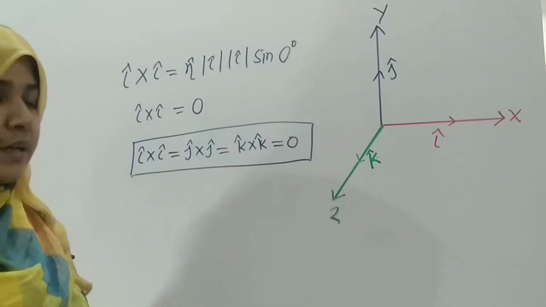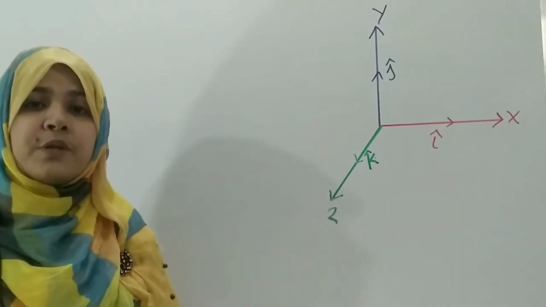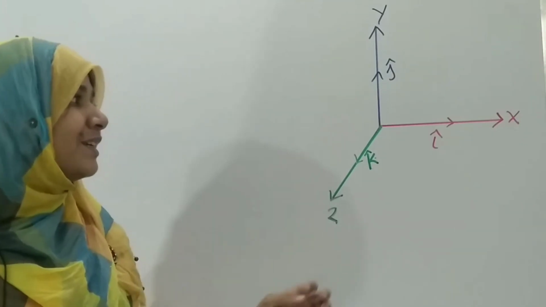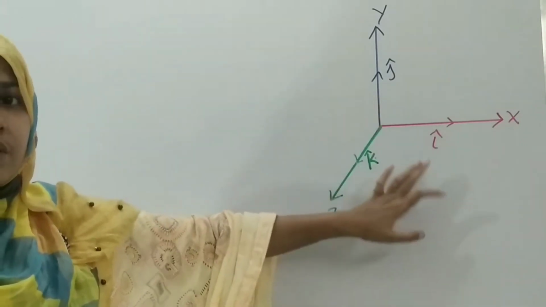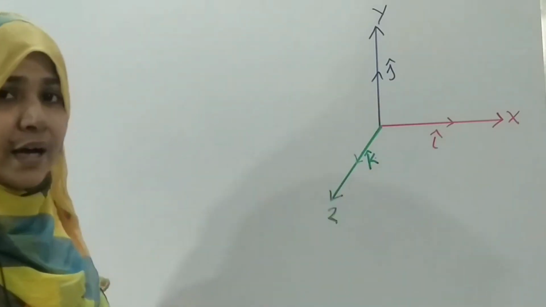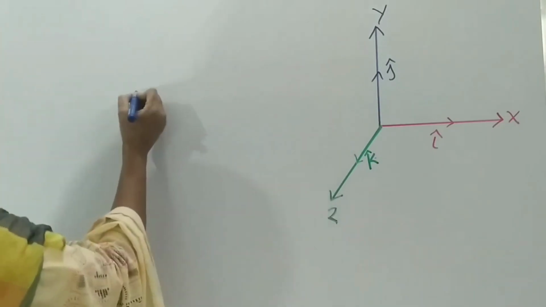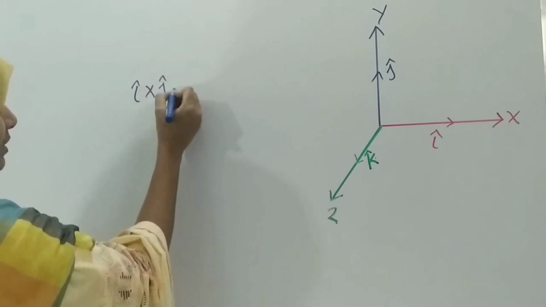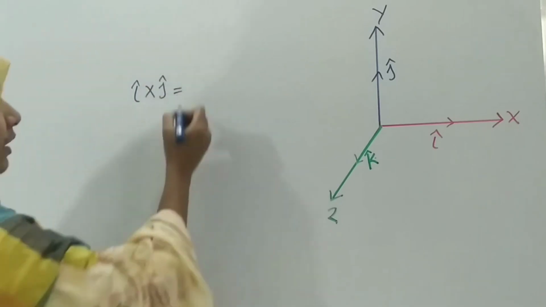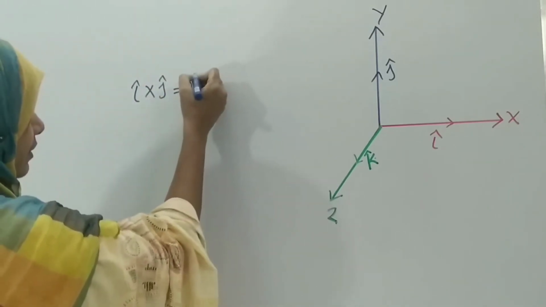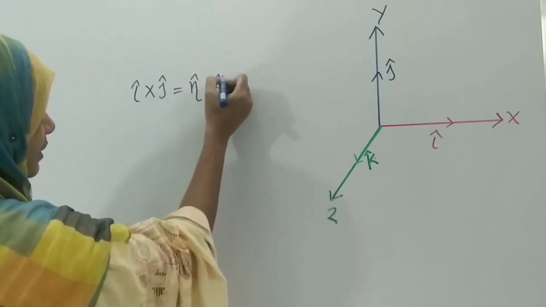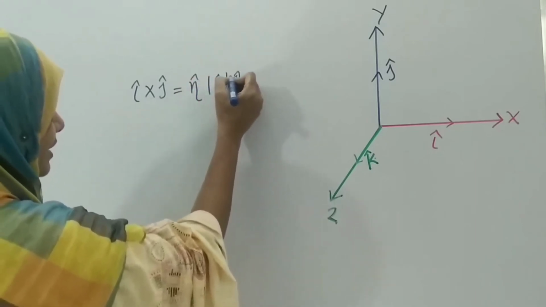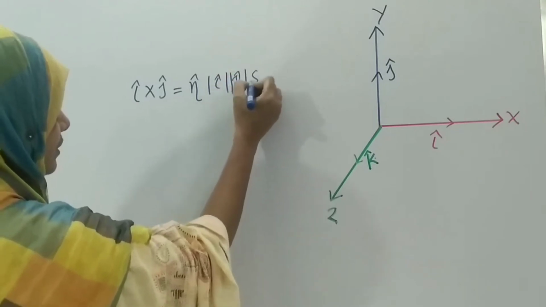Every time the cross product of similar rectangular unit vectors is 0 and the dot product of similar rectangular unit vectors is 1. Cross product of different rectangular unit vectors, that means if I want to measure the cross product of I cross J, then this is eta modulus I modulus J into sine of the angle.